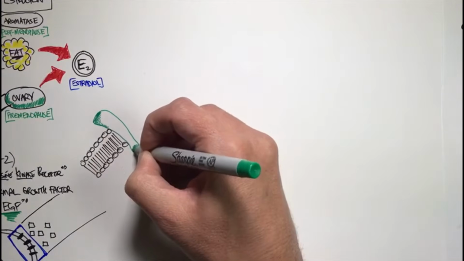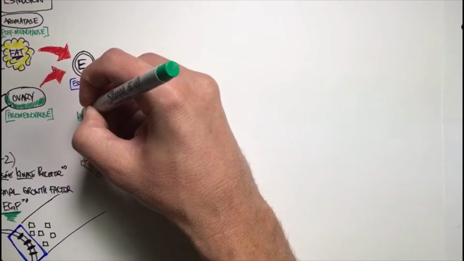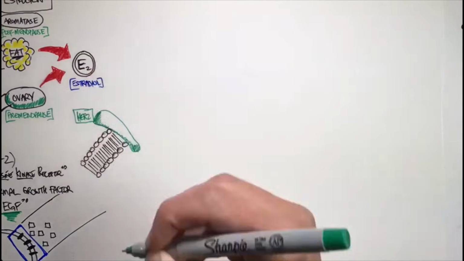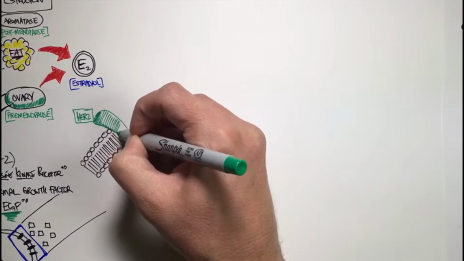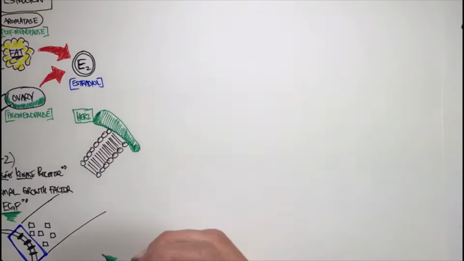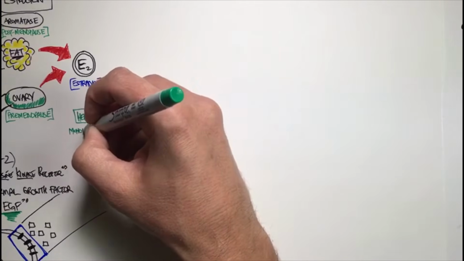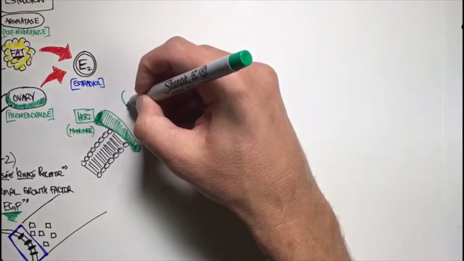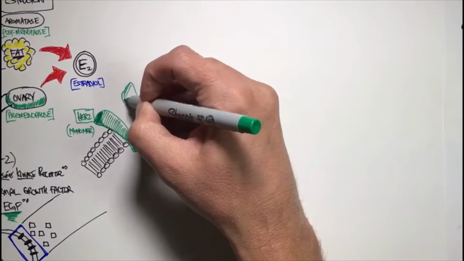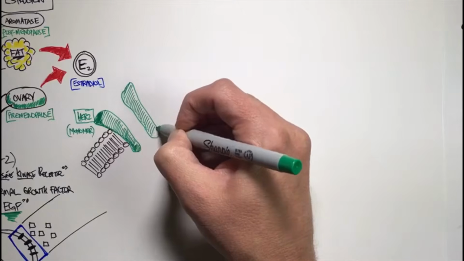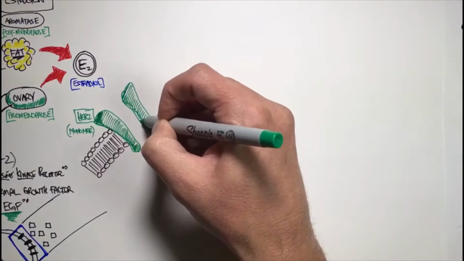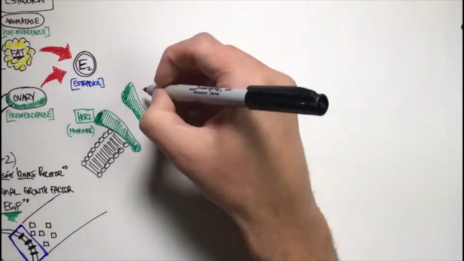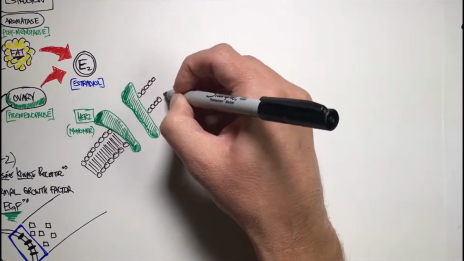And if I draw, we'll start with the HER2 receptor here. If I draw a HER2 receptor embedded in the membrane and spanning across the membrane, we find it in its inactive form as a monomer. So meaning by itself, it's isolated by itself. And if I draw another monomer beside here in the membrane, another HER2 receptor, we find it like this.